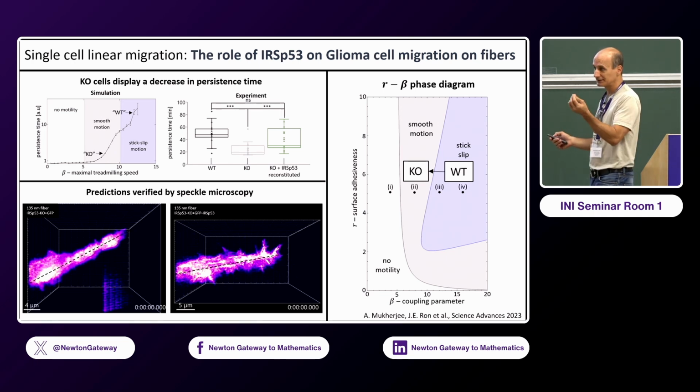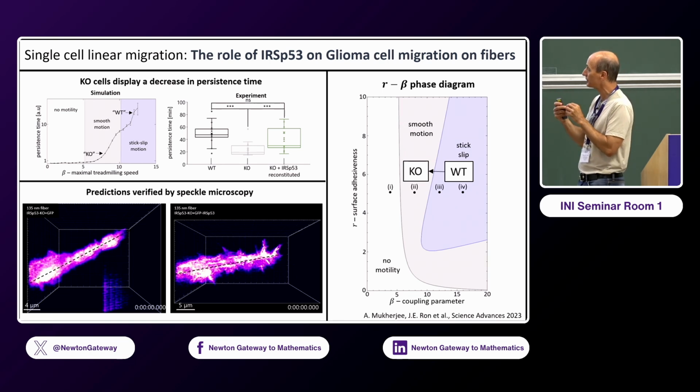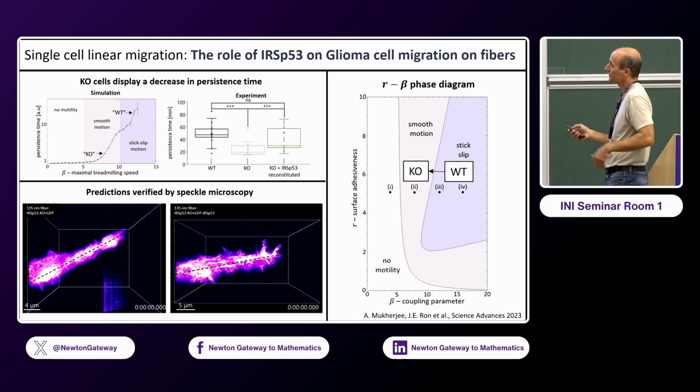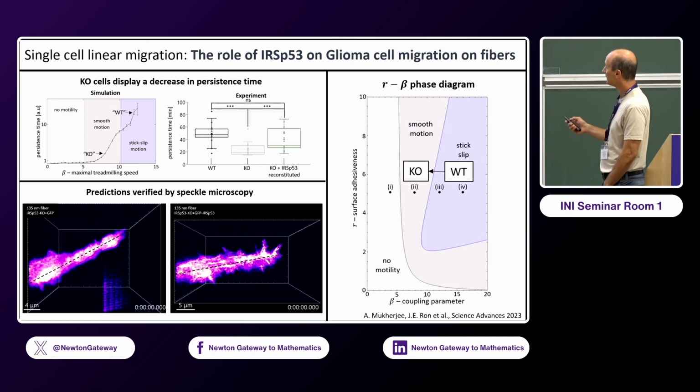So you get some taste that with this 1D model, we can capture a variety of migration patterns of cells along 1D, including random diffusion, such as captured by this persistence time.